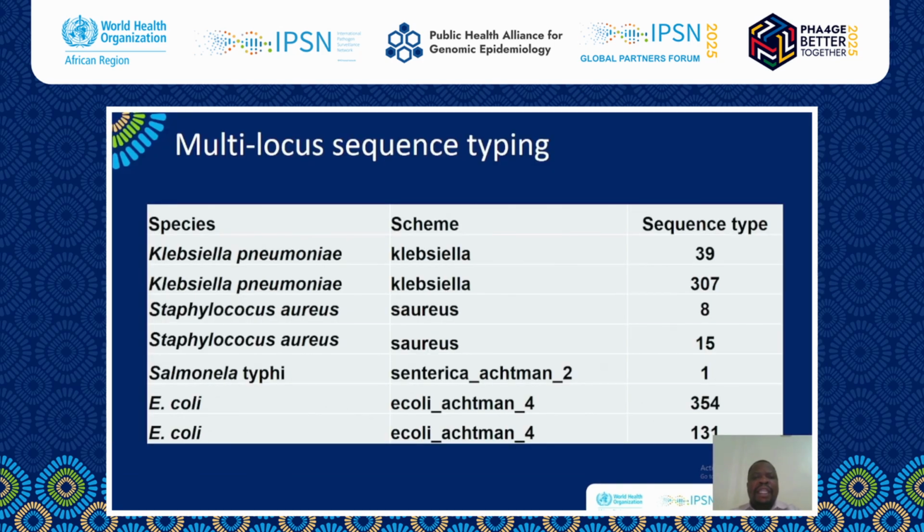So we did a first batch of sequencing of 8 samples, and after analysis we have seen a diversity in terms of sequence type related to the 4 different species that have been sequenced so far.